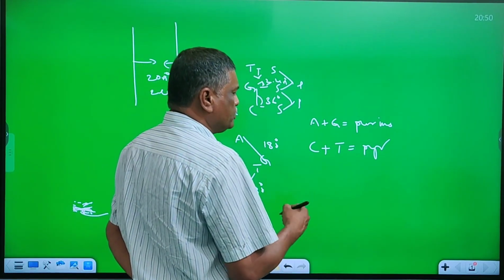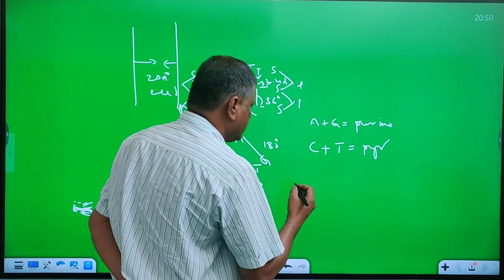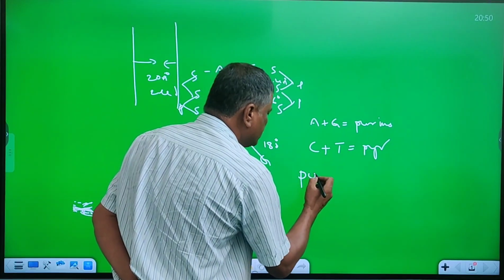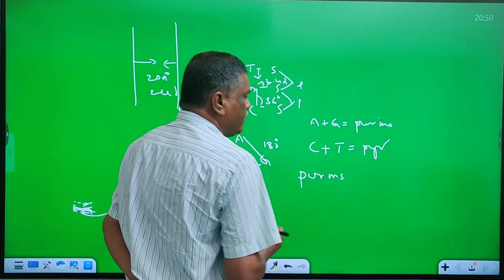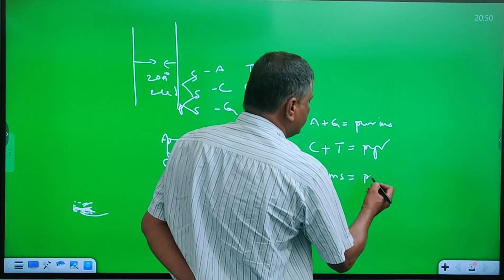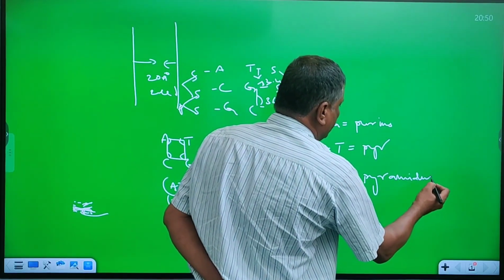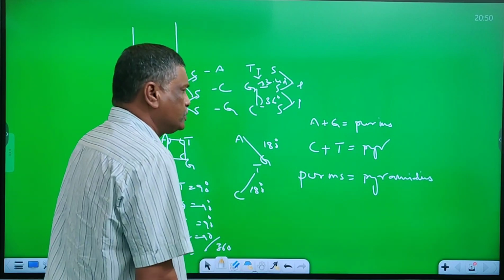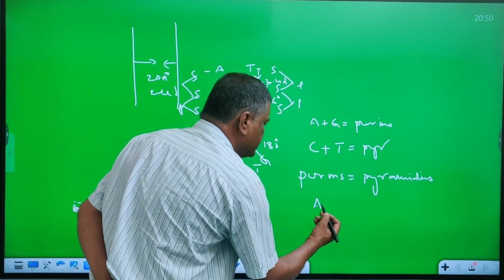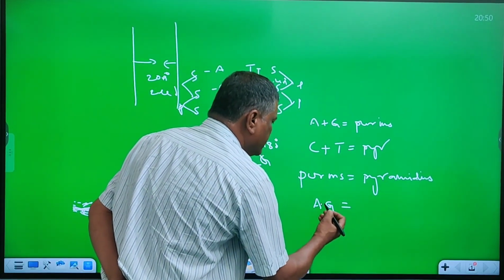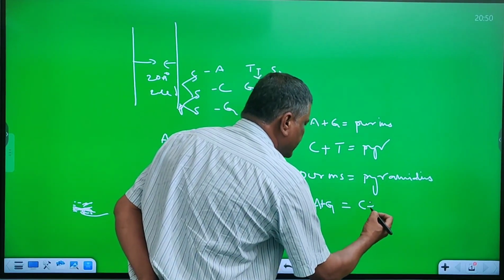So, according to Chargaff's law in DNA structure, purines are equal to pyrimidines. So, A plus G is equal to C plus T.